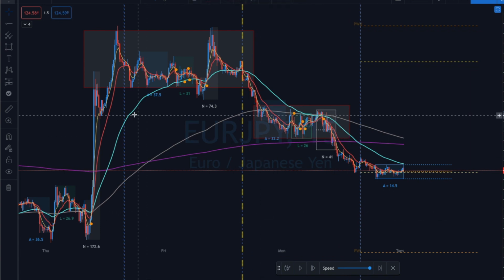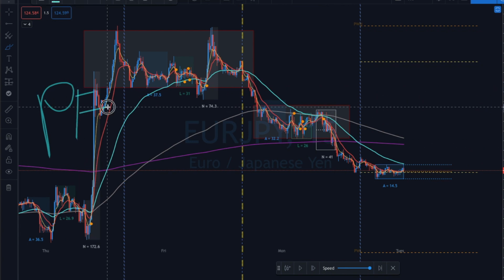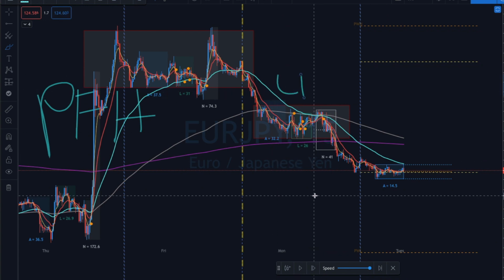Now you can look at this as, let's say, a peak formation high here. Okay. And then you could look at this as level one. That's one way you can look at it.